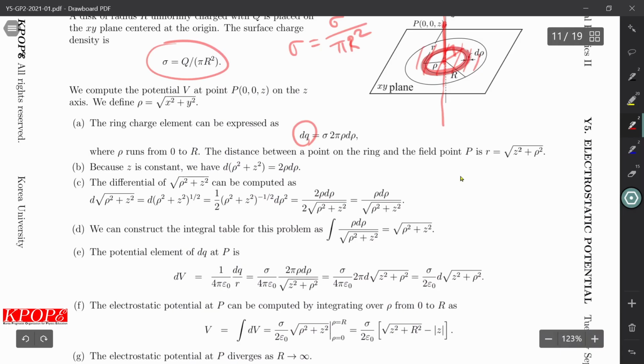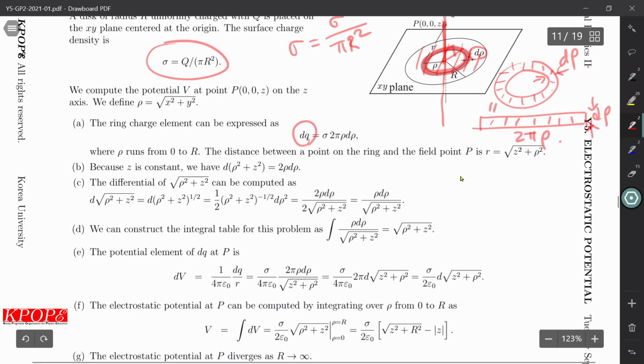We choose an annular region of radius difference d rho. Then the width of this annular region is d rho, and the length is 2 pi rho, and this area goes to 0 as d rho goes to 0.